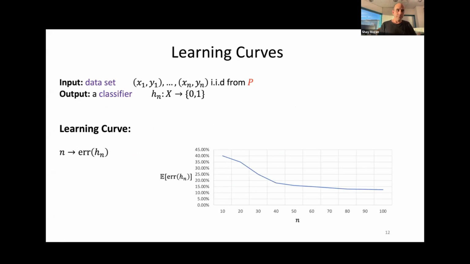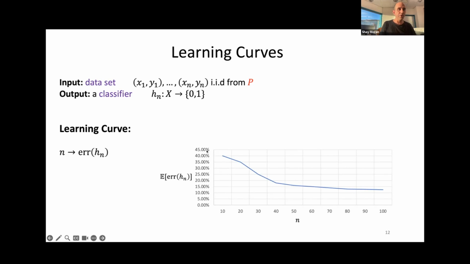Now the classical or traditional object that is used in order to quantify generalization is what we call the learning curve. The learning curve is a function of an algorithm, a problem, and a distribution. It simply describes for every n the expected error of the algorithm after training on n examples from the distribution.